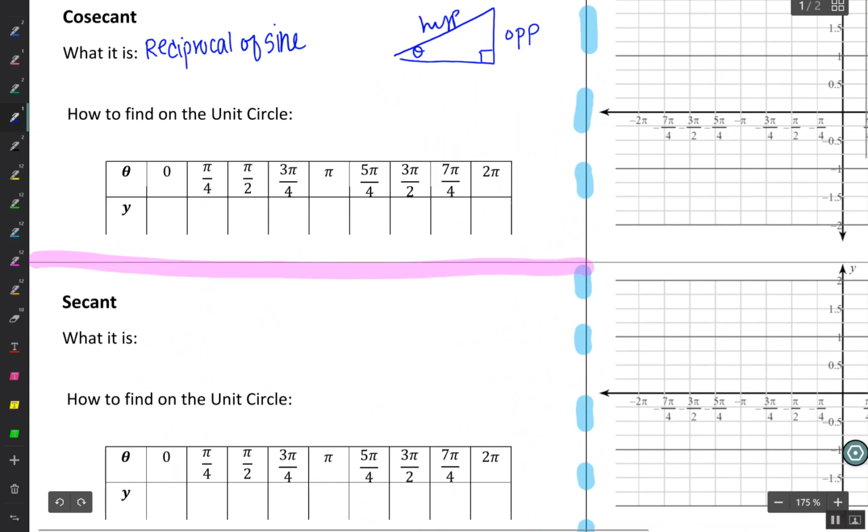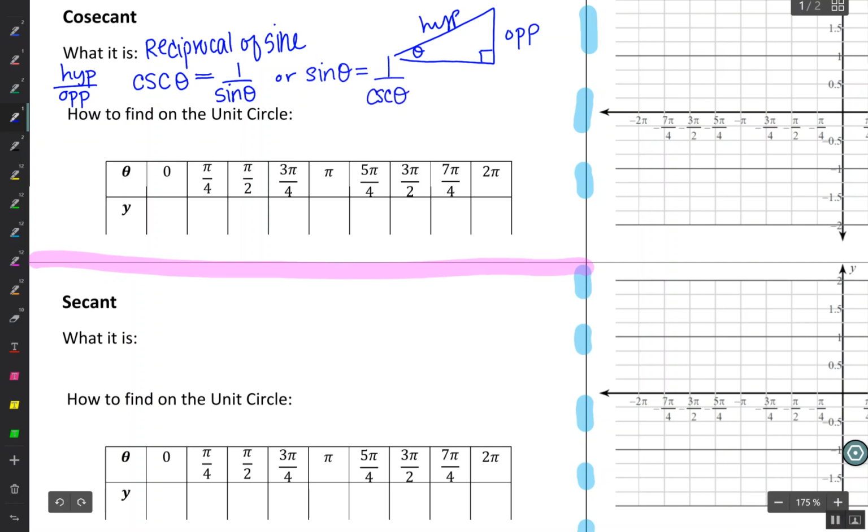So that means that cosecant is hypotenuse over opposite. Another way that we can write this is we can say cosecant, which is abbreviated CSC. Cosecant of theta is 1 divided by the sine of theta, or vice versa, the sine of theta is 1 over the cosecant of theta.